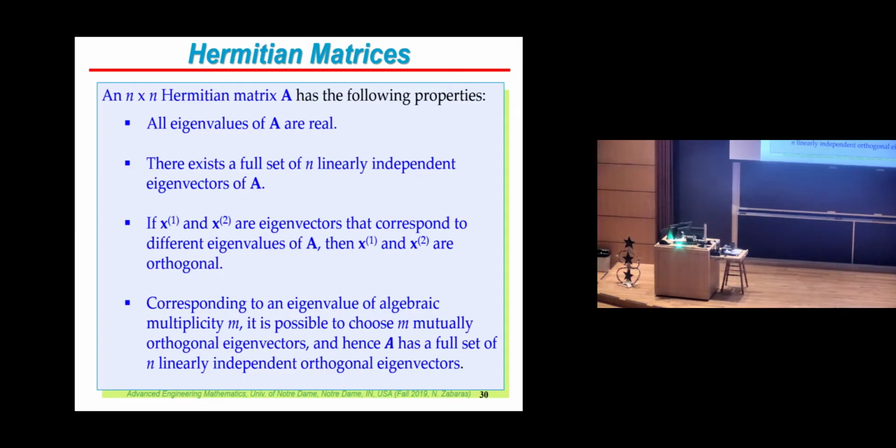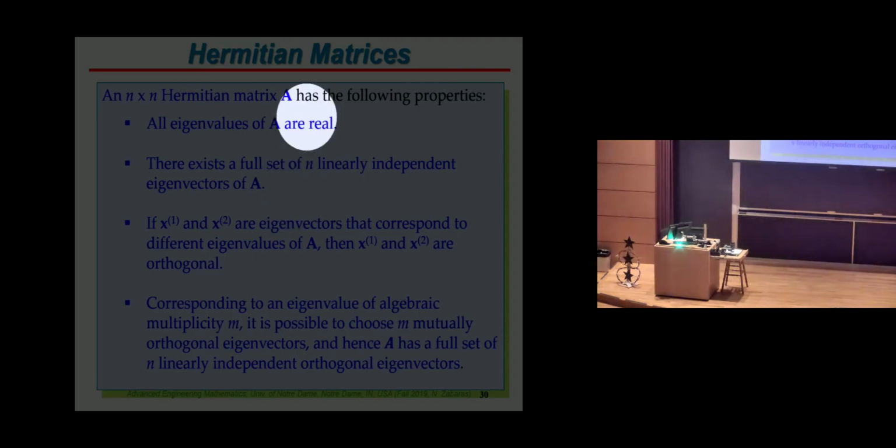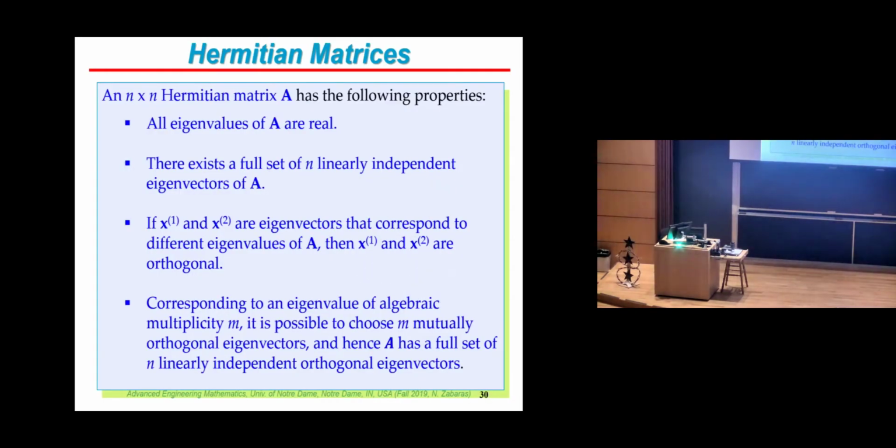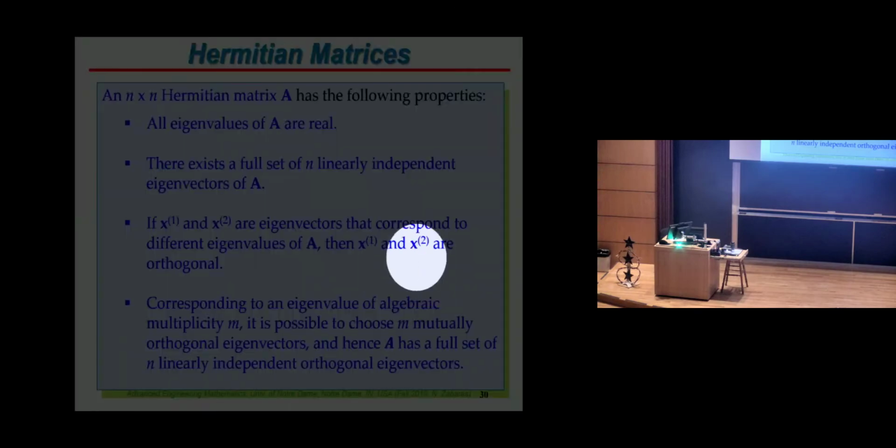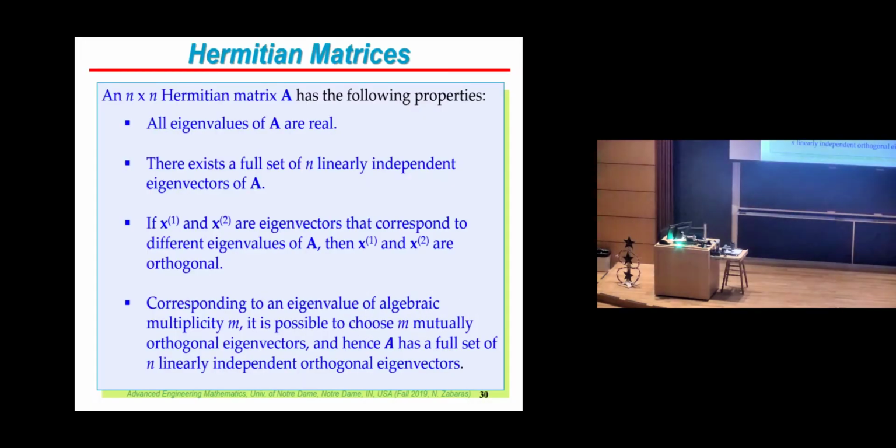You can always find n independent eigenvectors. If you take two eigenvectors that correspond to two different eigenvalues, you can prove that they are orthogonal. And as I mentioned before, if you have an eigenvalue with algebraic multiplicity m, you can always find m orthogonal eigenvectors corresponding to that eigenvalue for Hermitian or symmetric matrices.